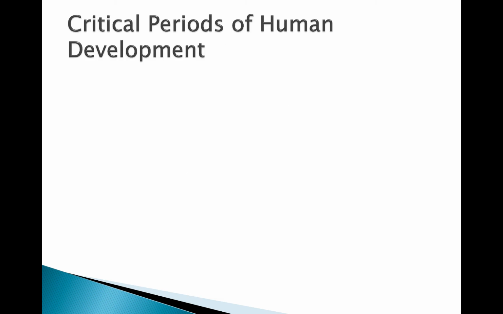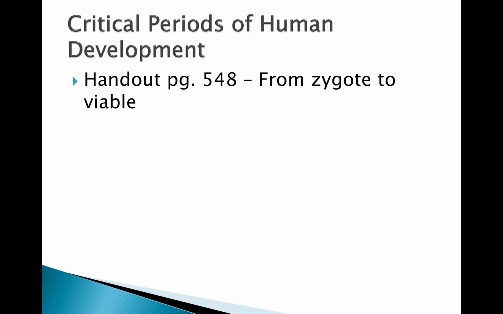Okay, so we're going to look at the critical periods of human development. Handout figure 5-48, from zygote to viable. That is the next page in the handout.